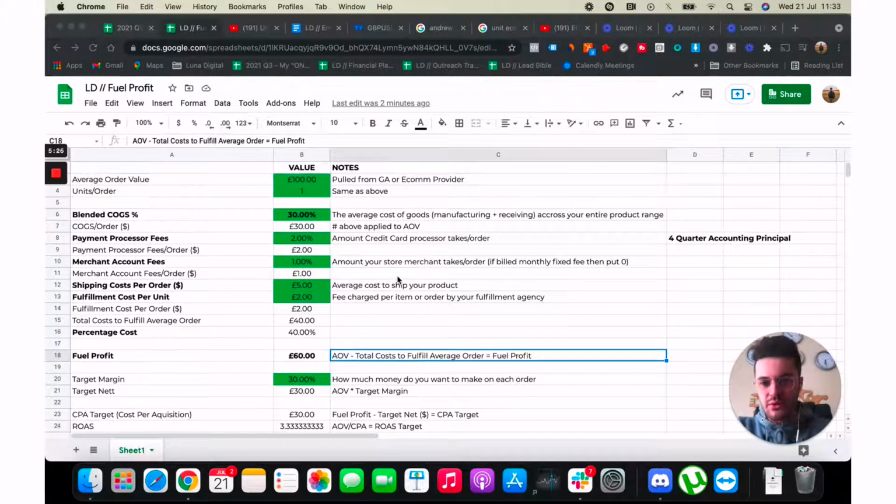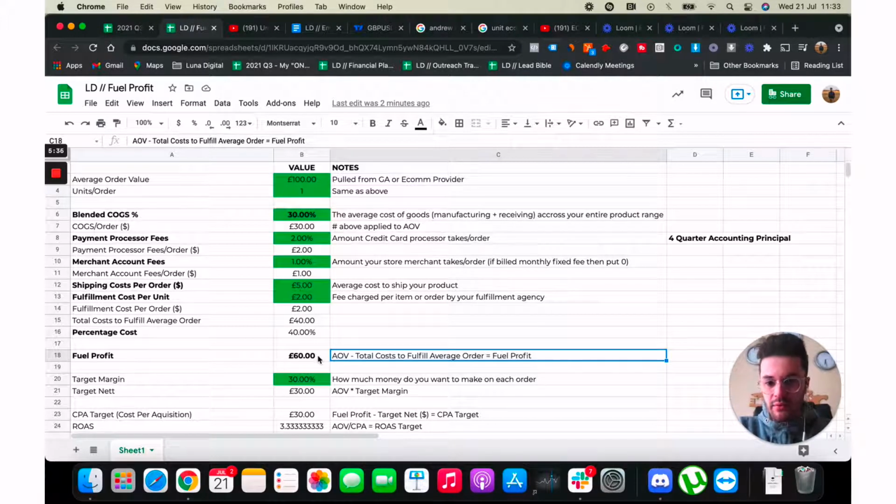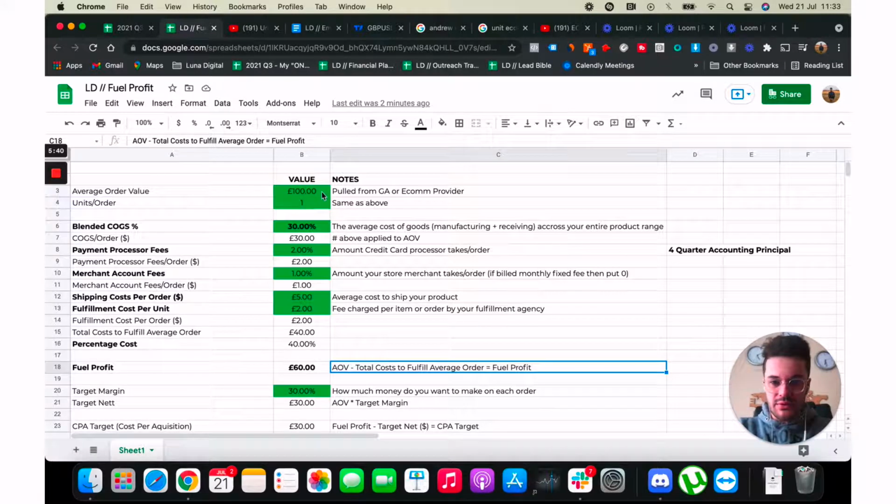Great, okay. So let's recap quickly what we've just gone through, so that we can digest this in bite-sized pieces, and then we'll understand how our fuel profit gets here. So our fuel profit is essentially our AOV, which we have over here, which is that £100 right there, minus the total costs to fulfill our average order, right? That's going to equal our fuel profit.